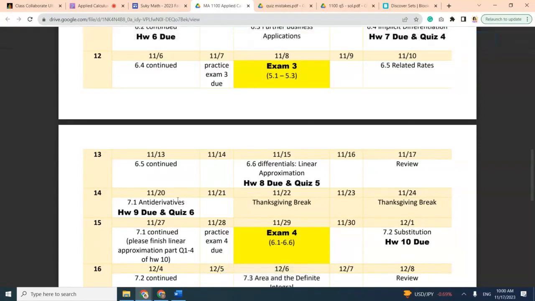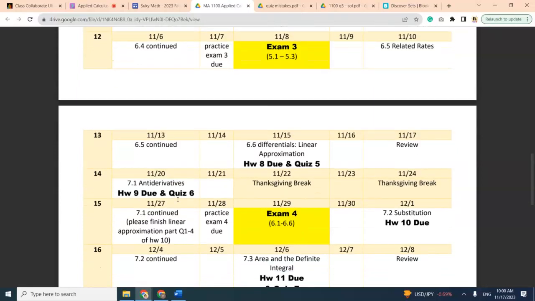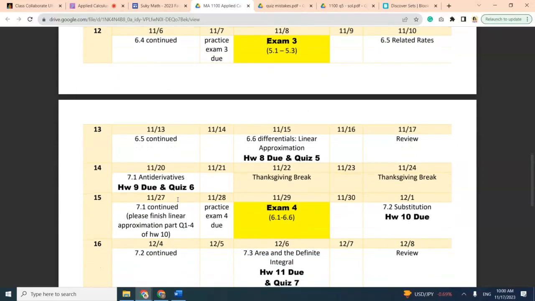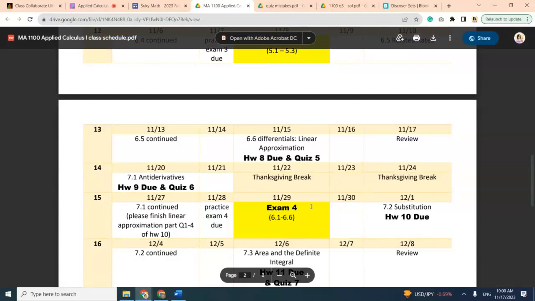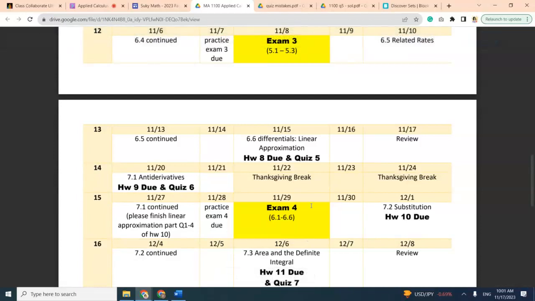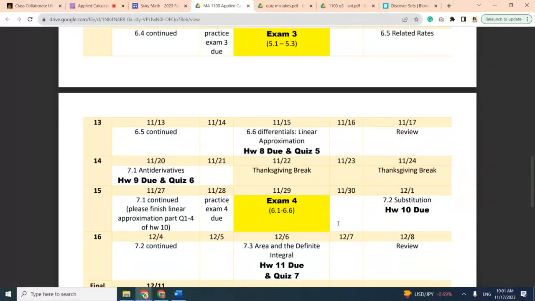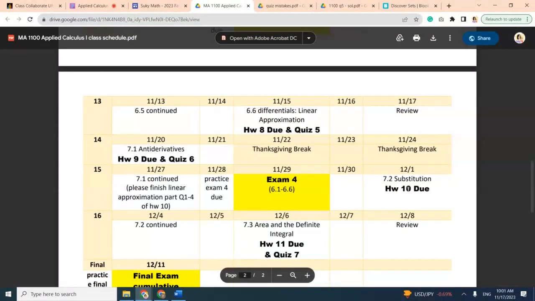Next Monday, we will talk about session 7.1 and you will have homework 9 and quiz 6 due next Monday. Okay, everybody, when is our exam for? The Wednesday after the Thanksgiving break. And also your homework 10 is due the Friday.